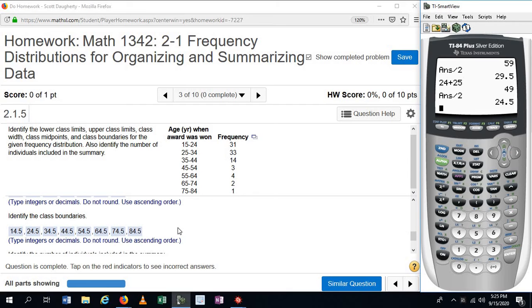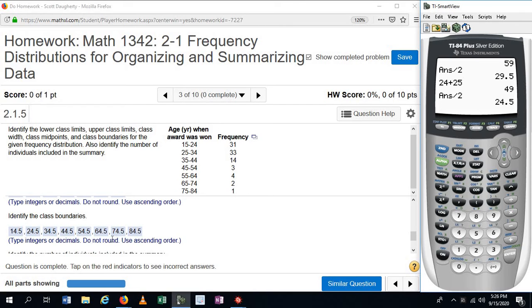And once again, once you find one class boundary, you can find the other class boundaries because they differ by the class width. Okay, so the next one will be at 34.5, 10 more, and then 10 more will be 44.5, that would be the next one, and so on and so forth. Now you can see once you get to 74.5, that is the boundary between 74 and 75, but there is one more boundary after 84.